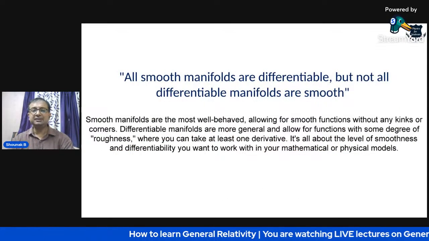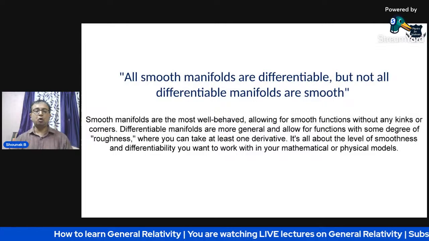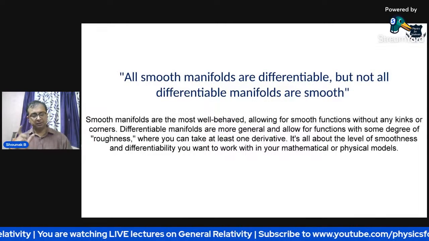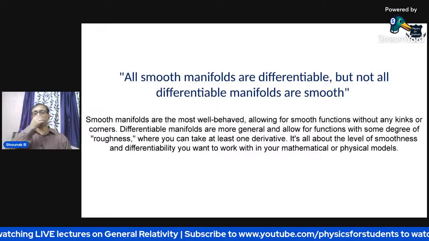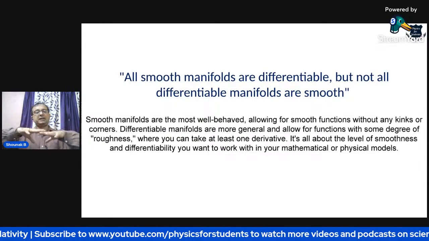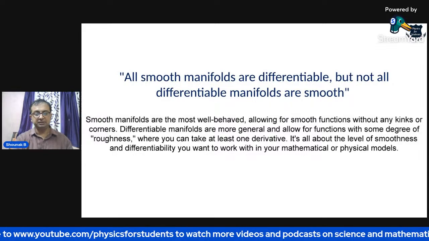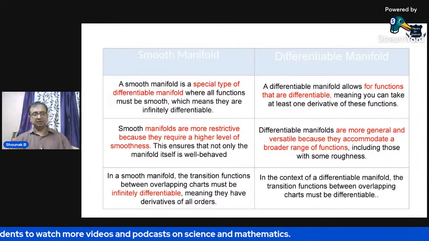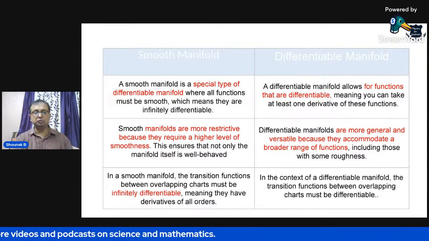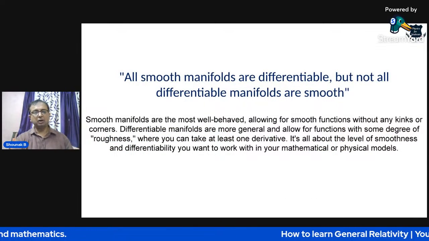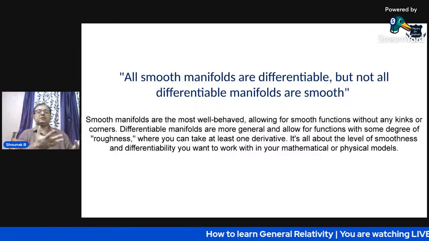From here, you see this is a very important statement that all smooth manifolds are differentiable. First statement. But not all differentiable manifolds are smooth. That means differentiable, as I told you here, you see, on the right hand side, it is a generalizer, it is a superset. So that is why I have written that all smooth manifolds are differentiable. But all differentiable manifolds, obviously they are not smooth.